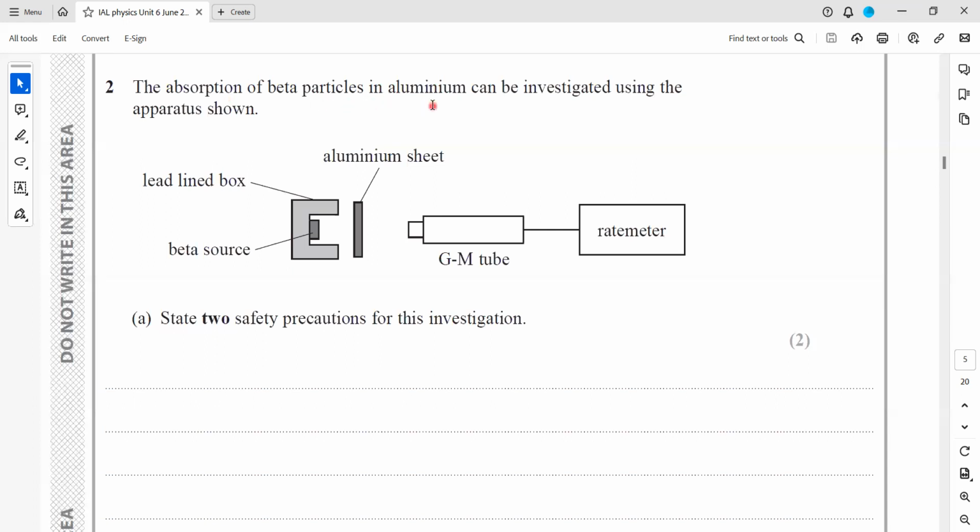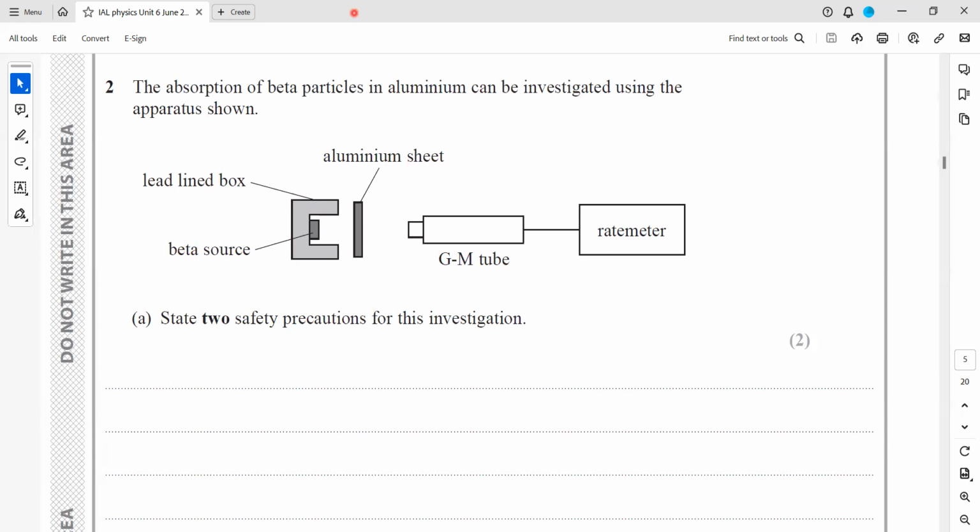The absorption of beta particles in aluminium can be investigated using the apparatus shown. We have a lead-lined box, an aluminium sheet, a beta source, a Geiger tube, and a rate meter. State 2 safety precautions for this investigation. Whenever you are handling a radioactive source, what are the safety precautions? You should always keep a safe distance from the source, use the source for a short time, or use tongs as well, and the source should not point towards the body or soft tissues.